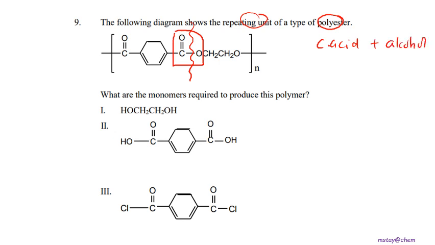So definitely we will add on the OH at both C double bond O. So this one will be the answer. And then another one will be the alcohol, CH2, CH2OH. So option 1 is also correct. So this is the answer for the repeating unit of polyester.